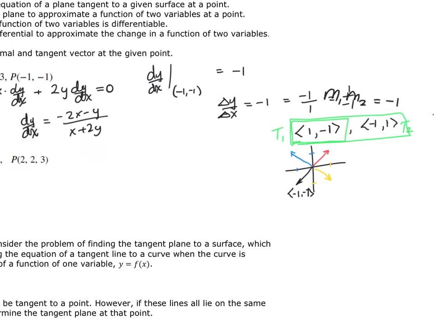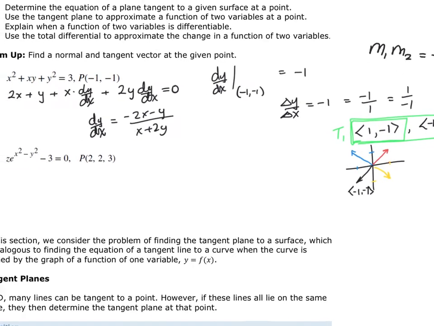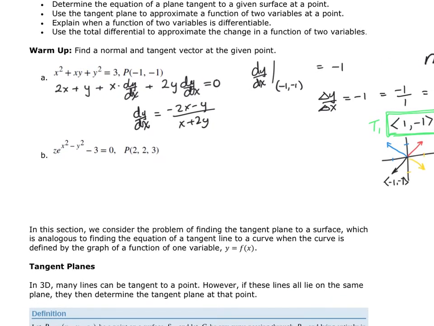Let's take a look at the second question, in which we're now in 3-space. So it'll be a little bit more interesting. On this one, I see that I have z here, and I'm going to see if I can get z all by itself.